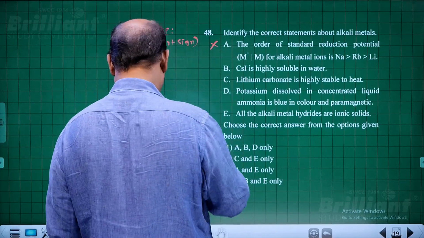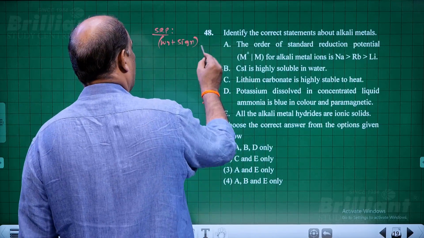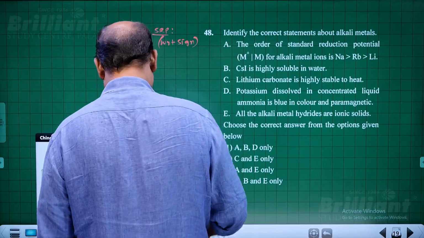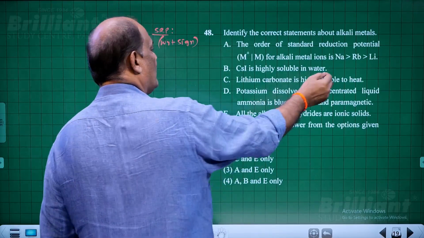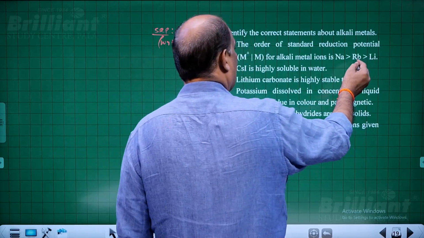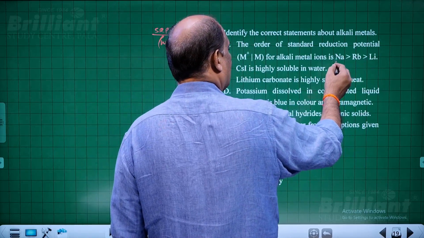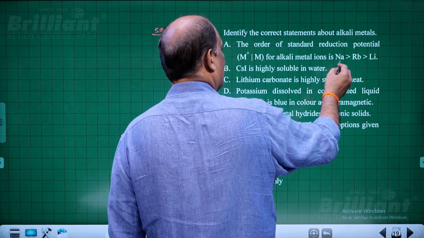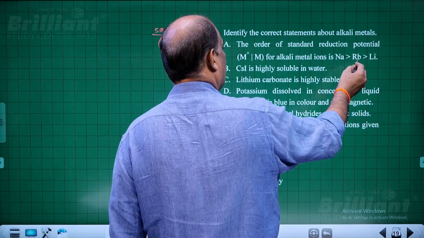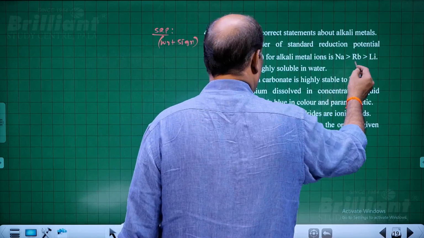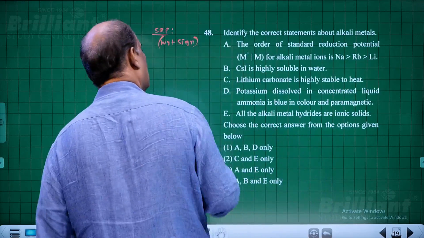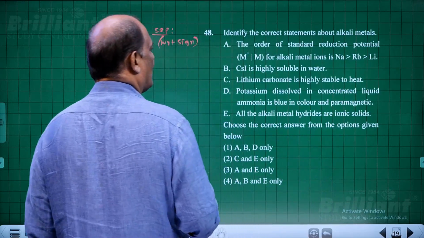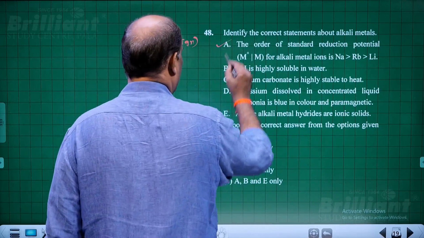The lowest value is lithium, rubidium next, again this is minus 2.71, this is minus 2.93, this is minus 3.05. With respect to the sign, that reduction potential order is the correct one only.